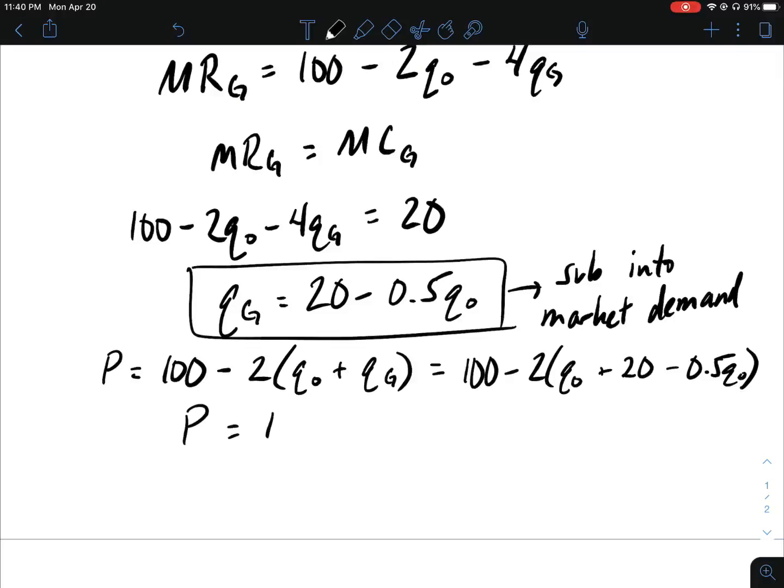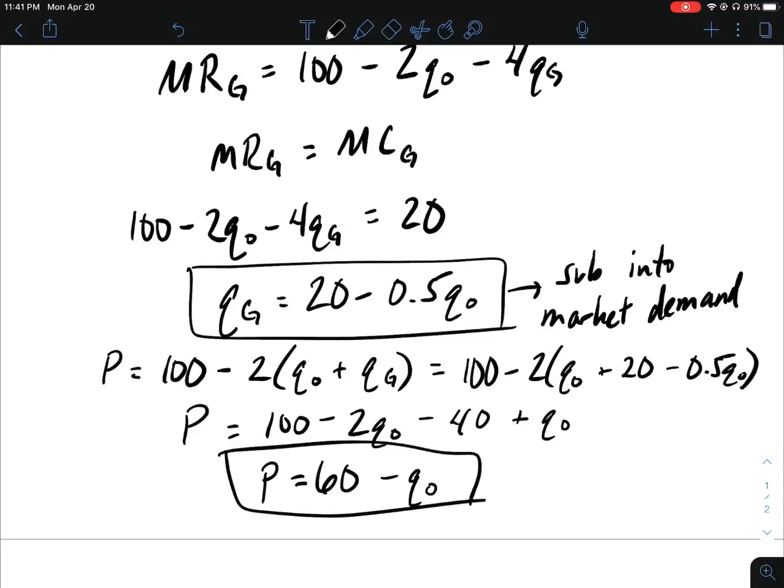So we're going to simplify that. P equals 100 minus 2 QO minus 40 plus QO. Simplifying again, P equals 60 minus QO, and that is Oil Pro's inverse demand curve.